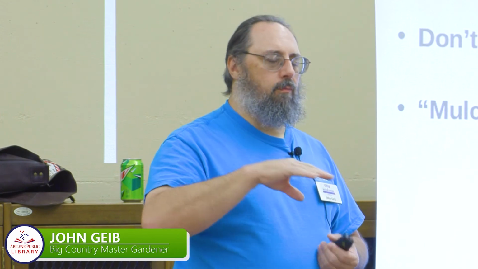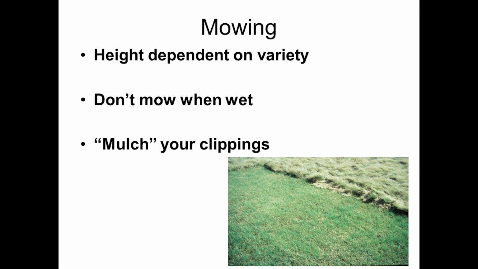Also, if you take off more than about half of the grass blade at a time, the grass becomes yellow because most of the photosynthesis happens in that top half of the blade. So if you mow more than half, you'll notice your grass looks very yellow for a couple of days because it's having a hard time getting sunlight.